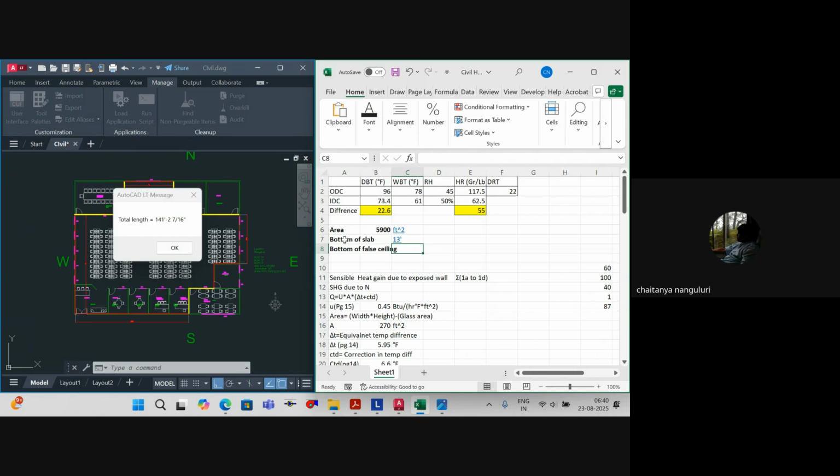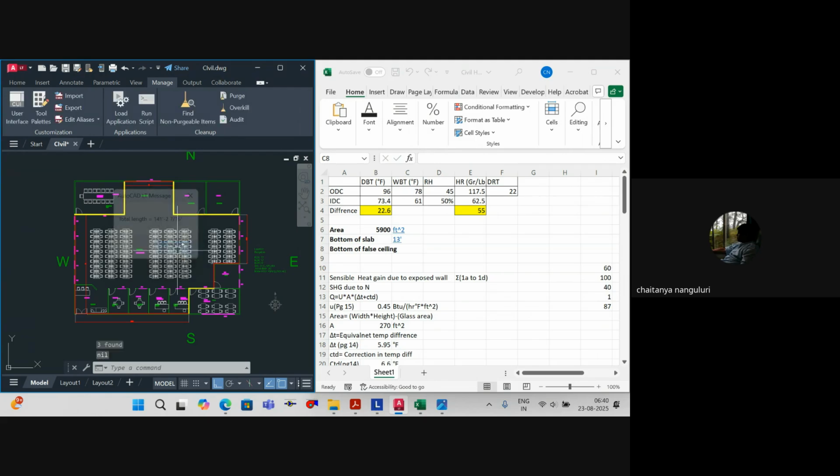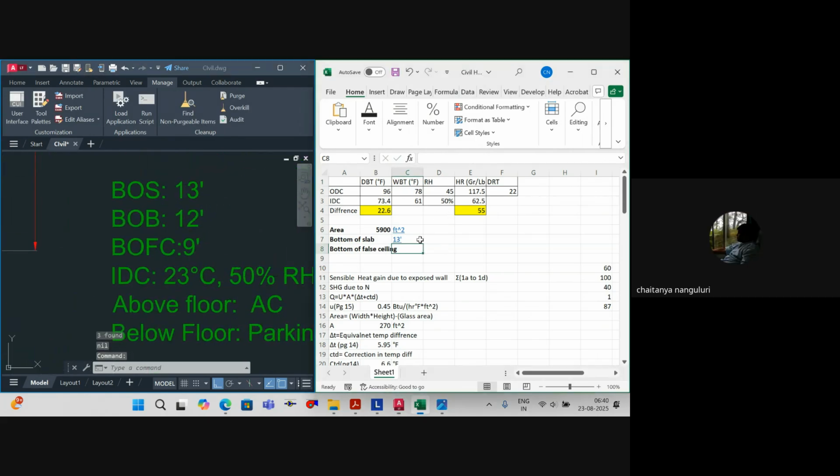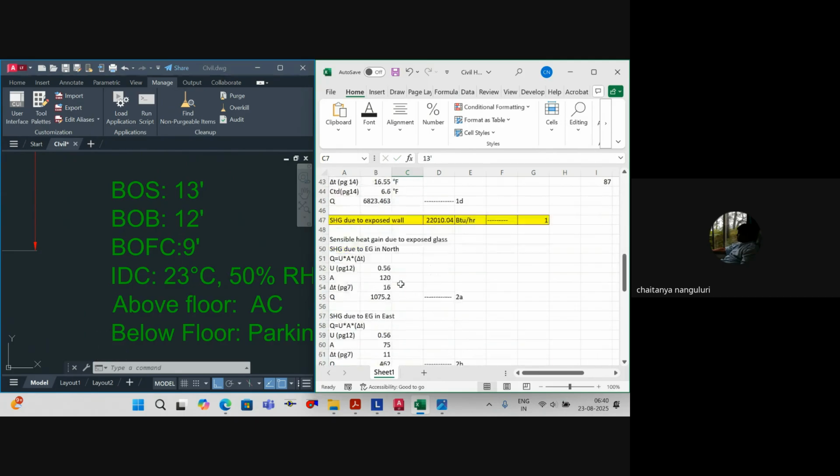Whereas bottom of the false ceiling is 9 feet up, right? Yeah, 9 feet. Okay. So these are the data.